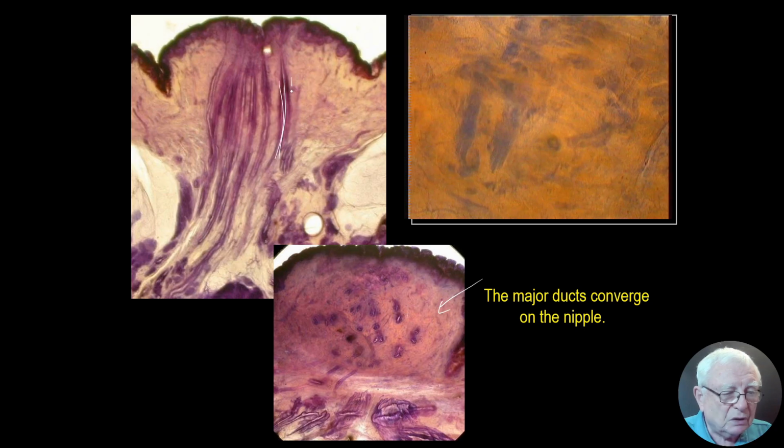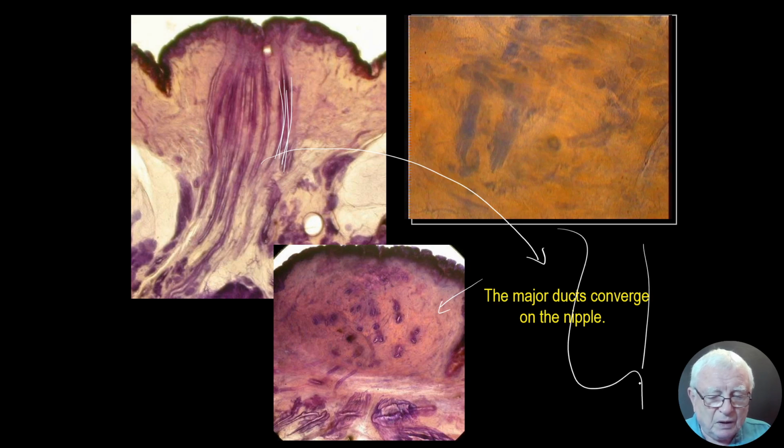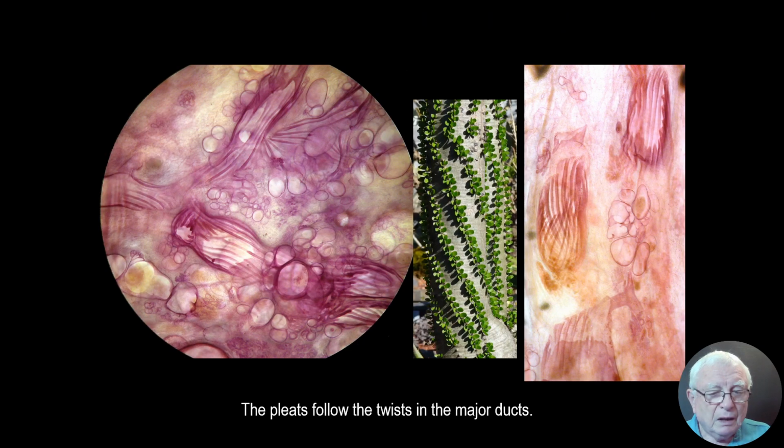Here's a longitudinal section of the ducts. Translated to the language of the radiologist, of course, they are going to be linear densities. The TDLU was nodular density. And here are these beautiful pleats, once again compared with this plant.